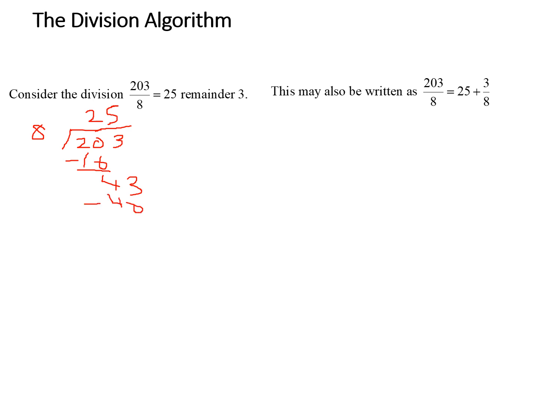Right? This is normal division, just to show you what is a division algorithm. And the remainder is 3. So you can write your answer as 203 over 8 simply means 25, and then the remainder 3 over the divisor, which is 8. Okay, you can also write it this way.